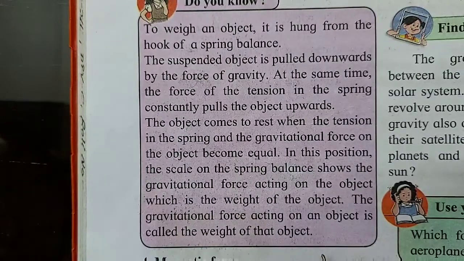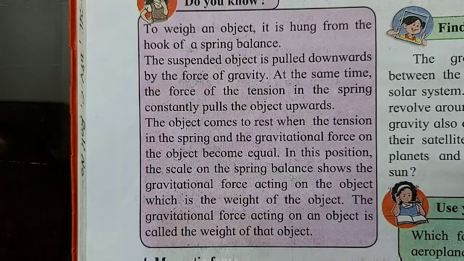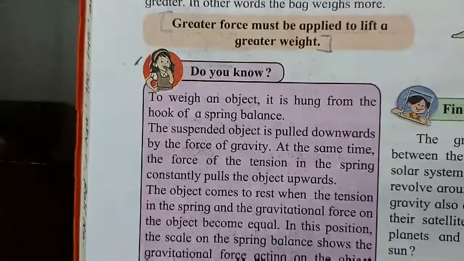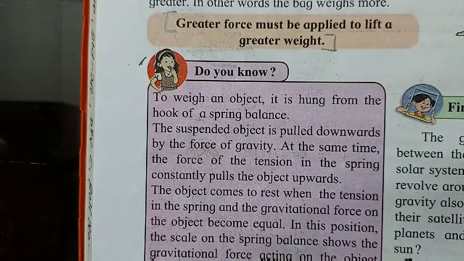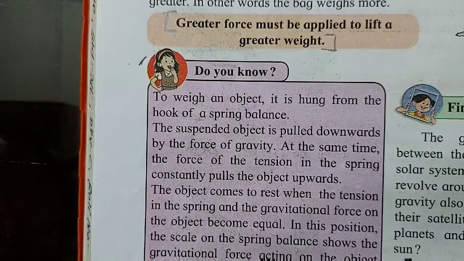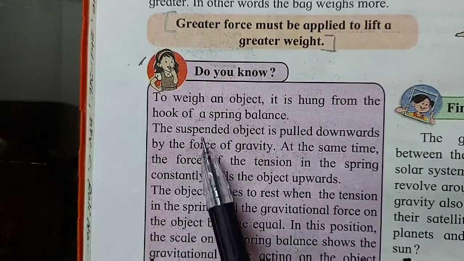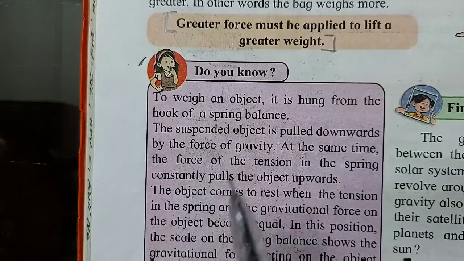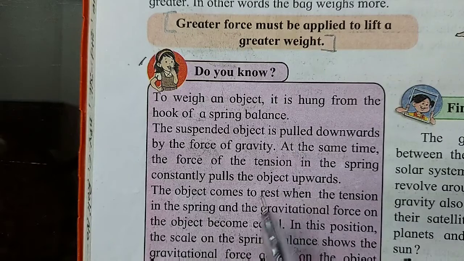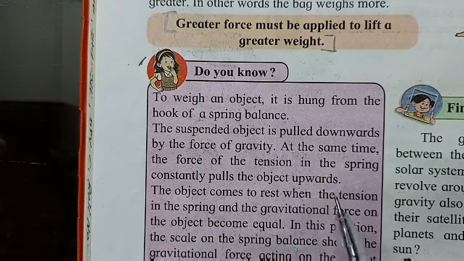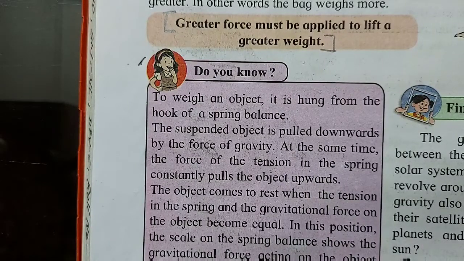Now children, when the person is using the spring balance, it has a hook. It has graduations on that. Graduations means the markings on the balance. So on that hook, the person puts the weight. He hangs the weight. Now the gravity is pulling the weight downwards.